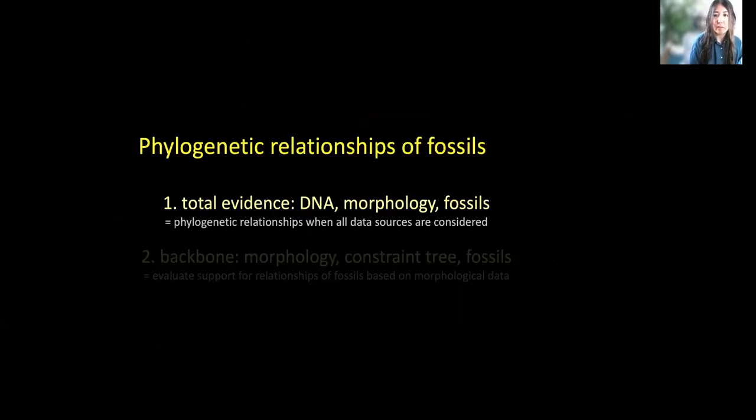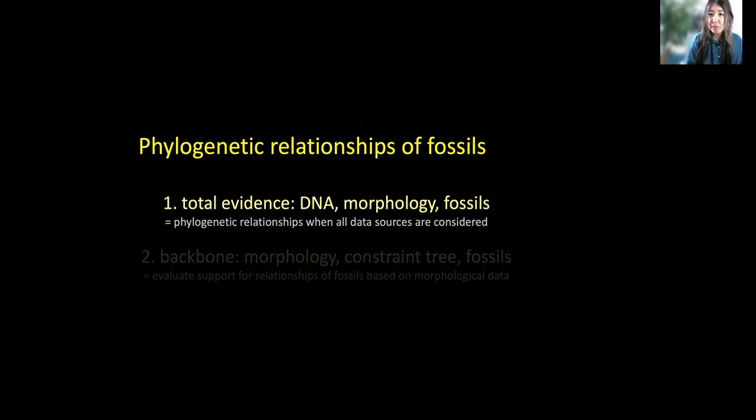We did a series of analyses on these fossils. First, we performed what are called total evidence analyses, which included both molecular and morphological data with all of the fossils. However, these analyses can make it difficult to evaluate the support for placement of each fossil within a clade, because when we combine data sources, we also combine their uncertainties.